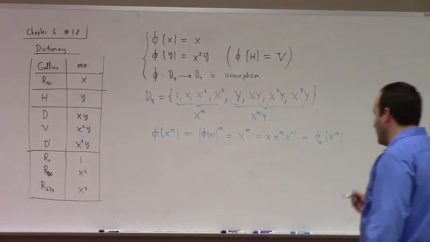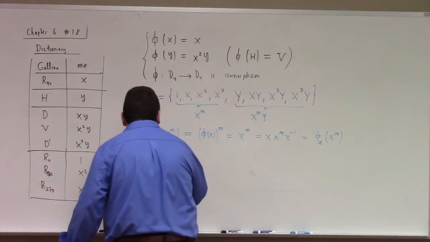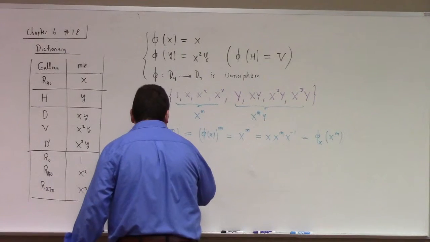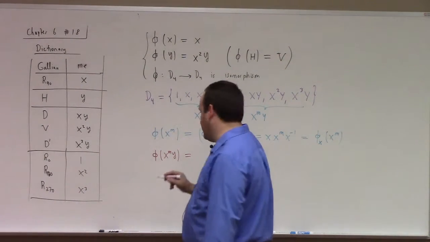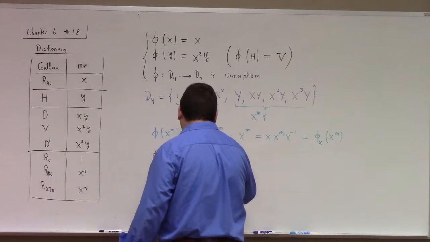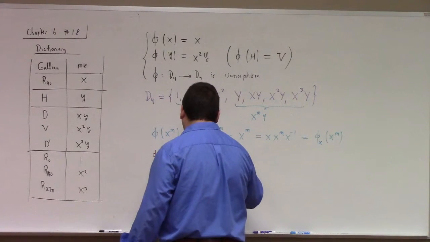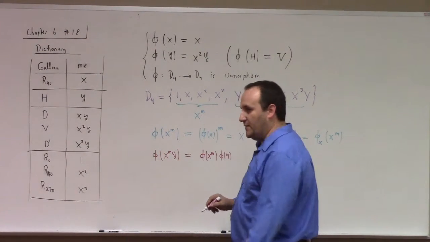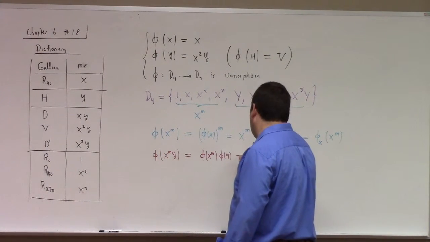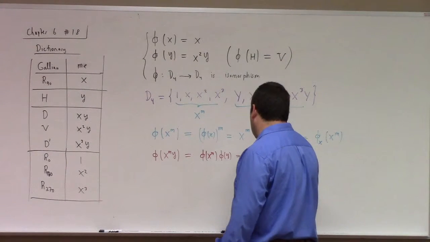Likewise, if we calculate phi of x to the m y, right? Well, this is an isomorphism, so we have the homomorphism property. This is phi of x to the m times phi of y. But we have the isomorphism property, the lemma, the pull the powers out property, right?